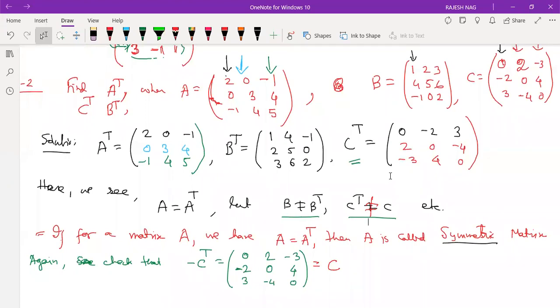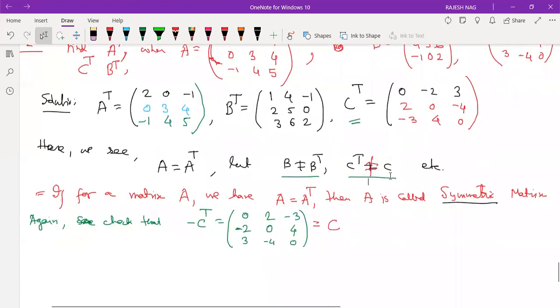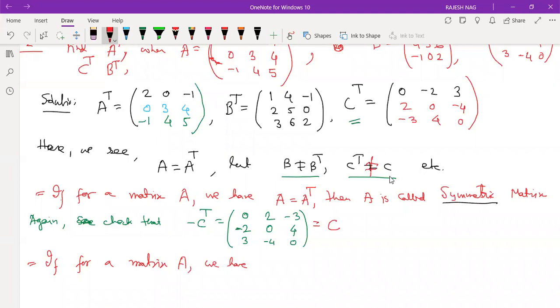But if this property holds for a matrix A, that is, A transpose equals minus A, or you can simply write A transpose is equal to minus A, the same thing, then A is called a skew symmetric matrix.